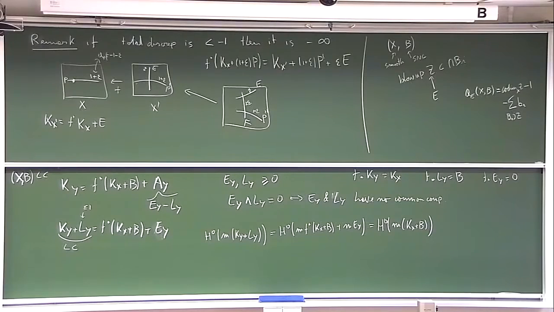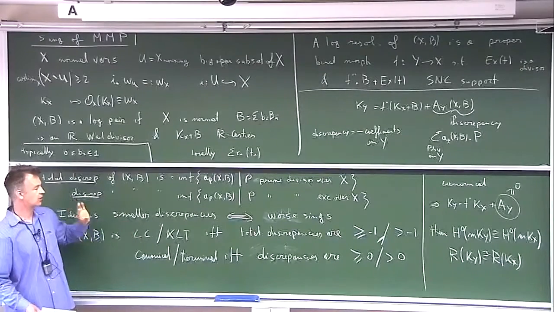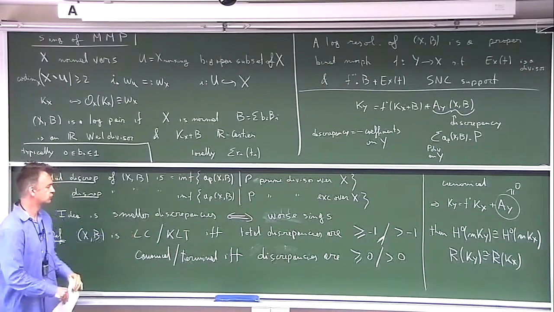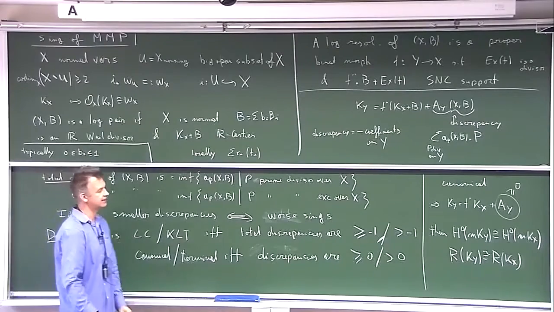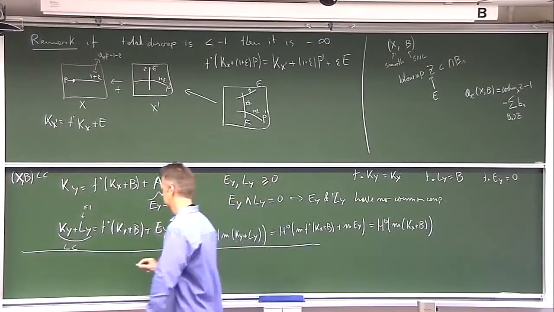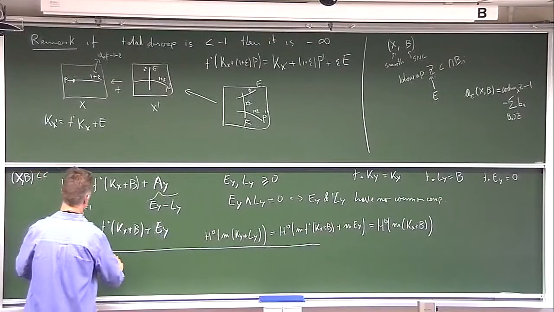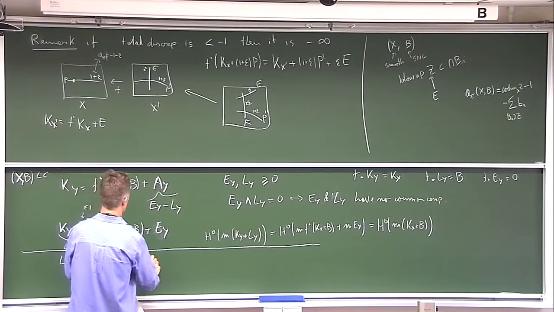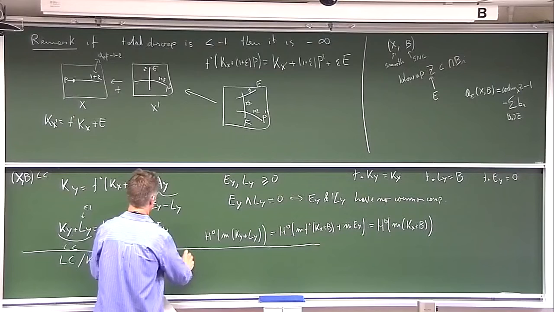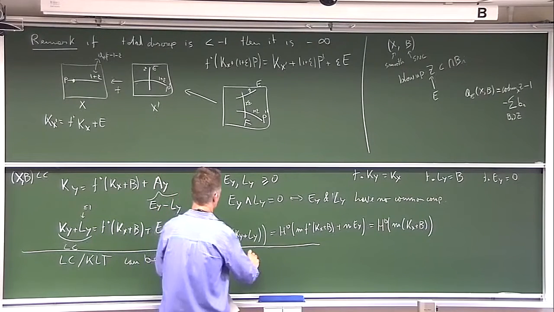I've already mentioned that the definition is remarkably simple. You just have to look at one log resolution. So log canonical and KLT conditions, it's a theorem, can be checked on any given log resolution.